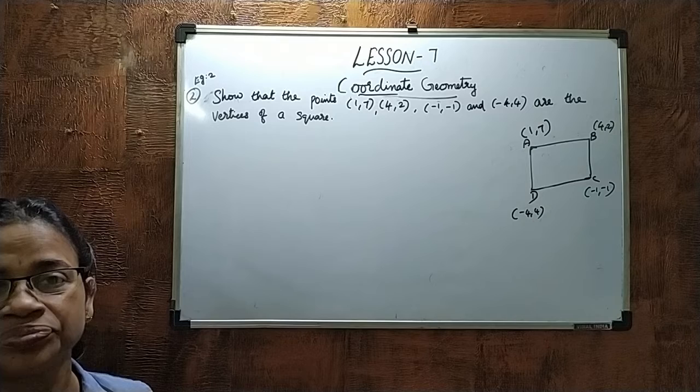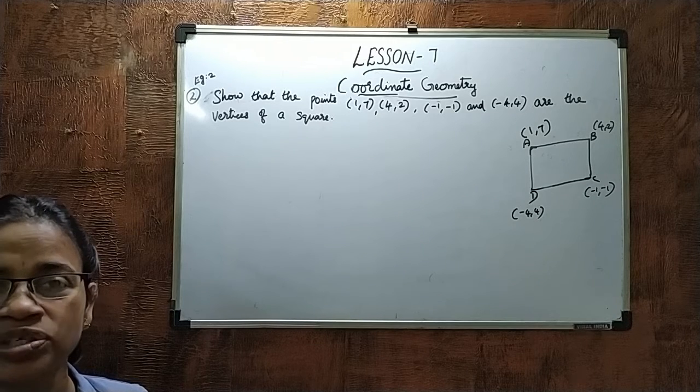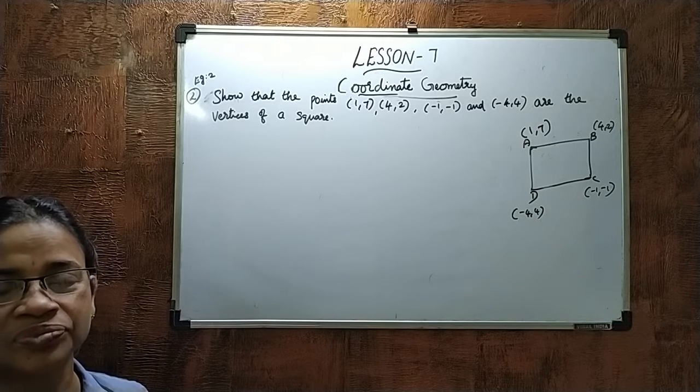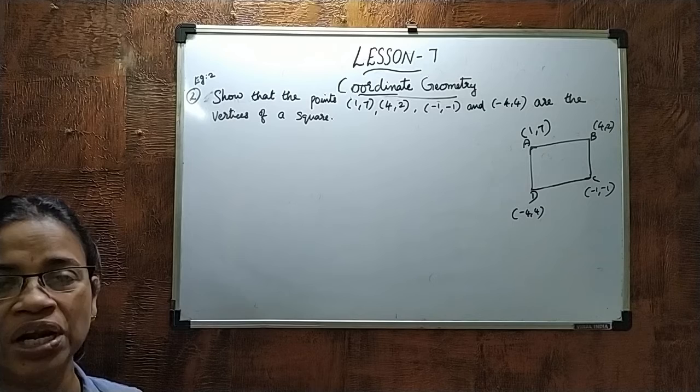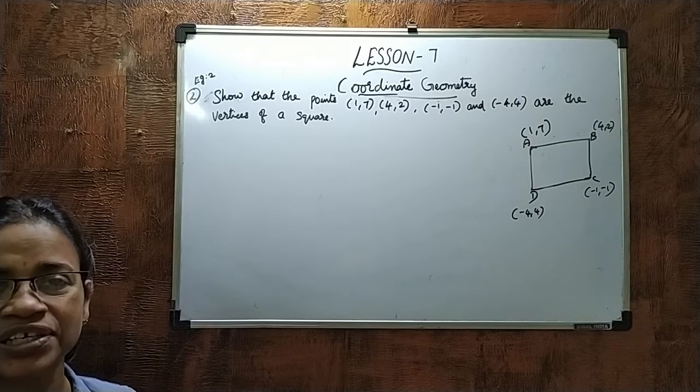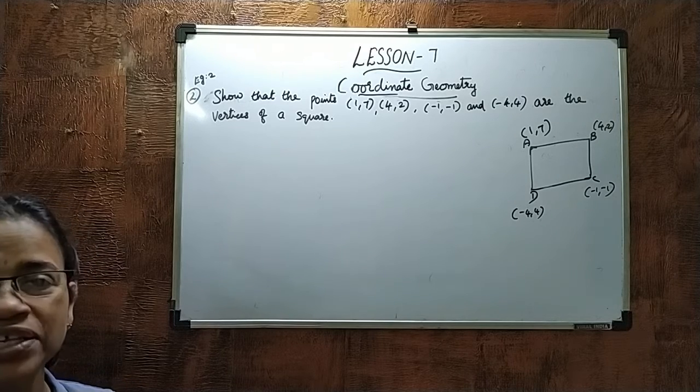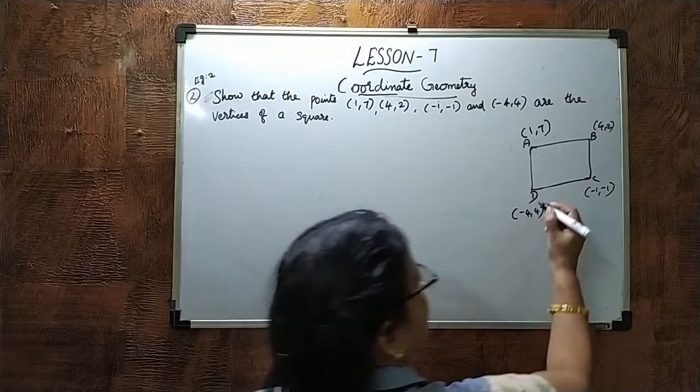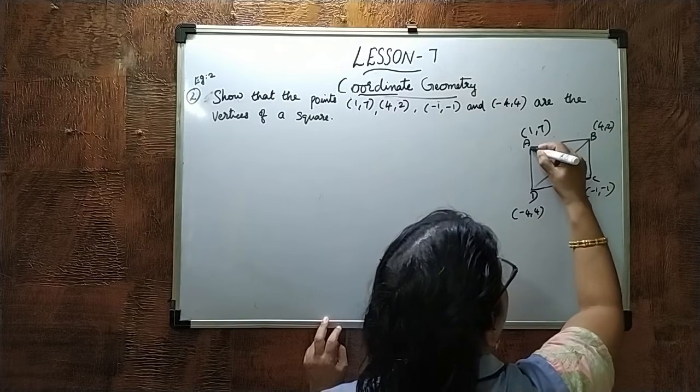What property is already written? All sides are equal, and what is the next one? The diagonals should be equal. So that you have to show. How will you show it?